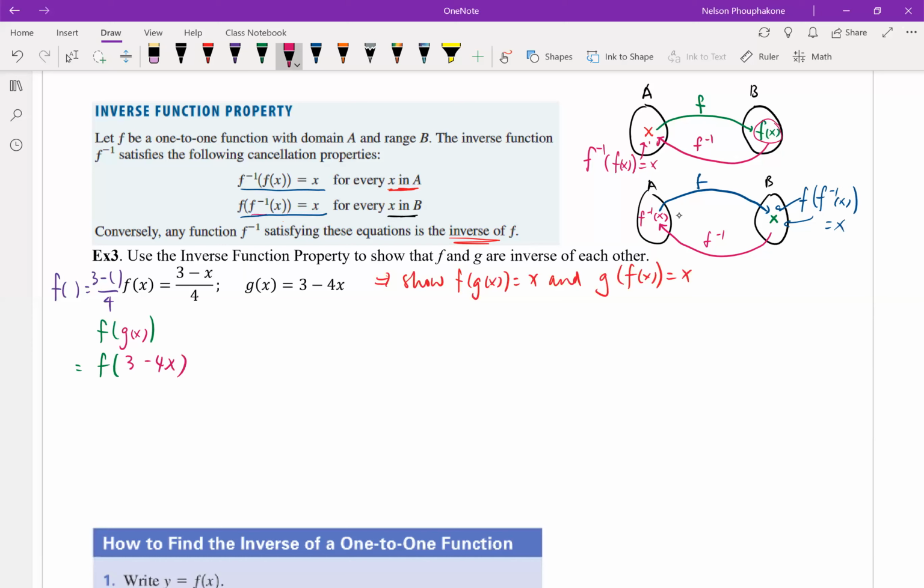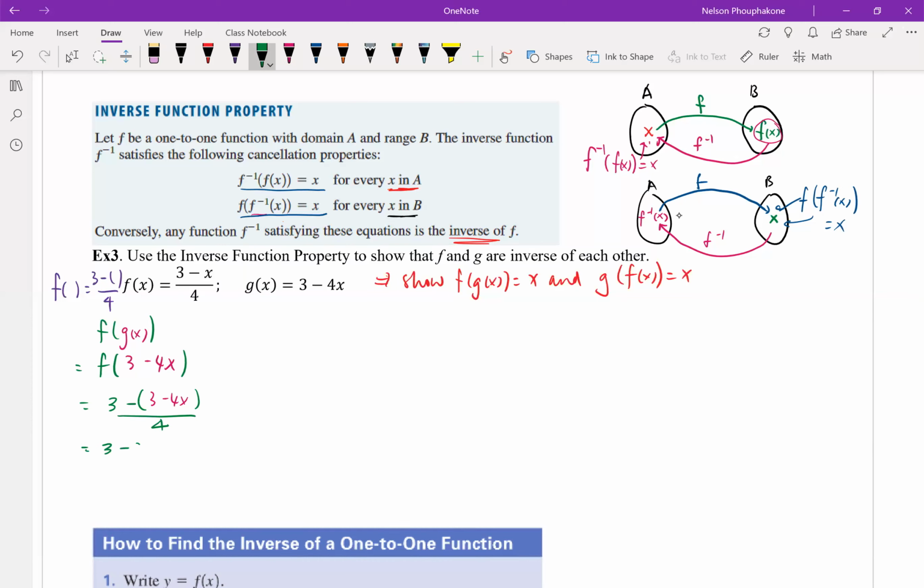So f of the input equals 3 minus the input over 4, and the input is 3 minus 4x. Let's simplify.